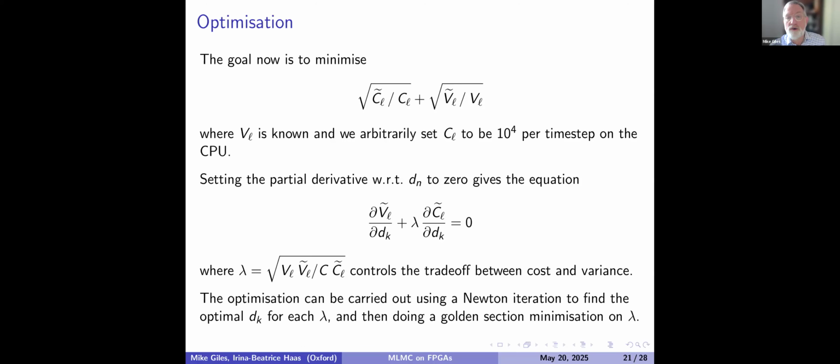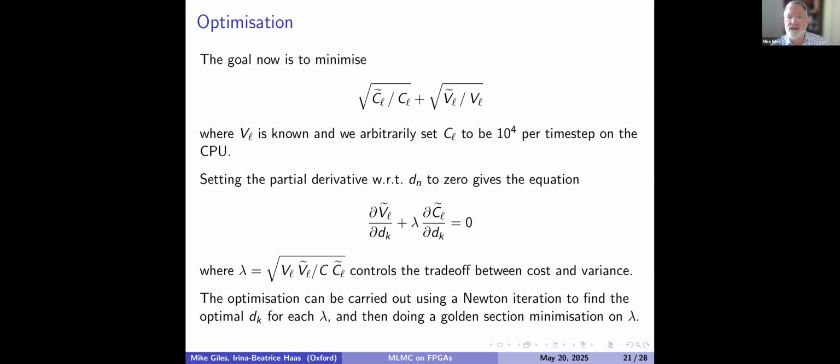So our goal now is, given that cost model and that variance model, we want to minimize this quantity at the top, the sum of the 2 square roots. Okay, and we're arbitrarily fixing CL, our CPU cost, to be 10 to the 4.